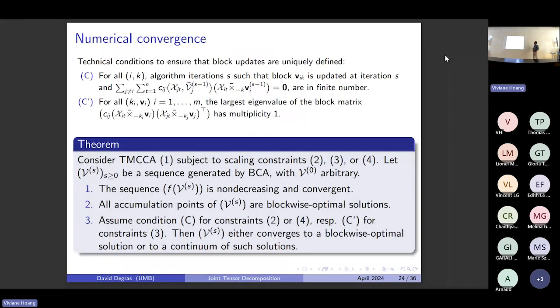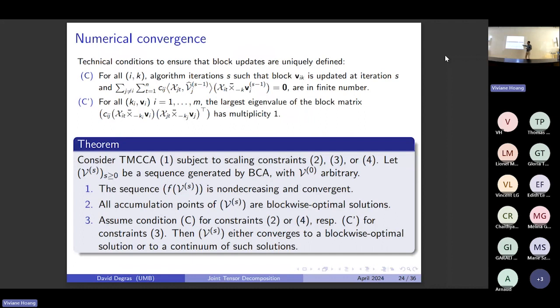All right, so we have some results of numerical convergence. This is kind of standard fare in terms of the results and the way to prove them. Looking at the BCA, you can show that, of course, this is an algorithm that increases the objective function at each iteration. So the sequence of objective values will be non-decreasing and converge.